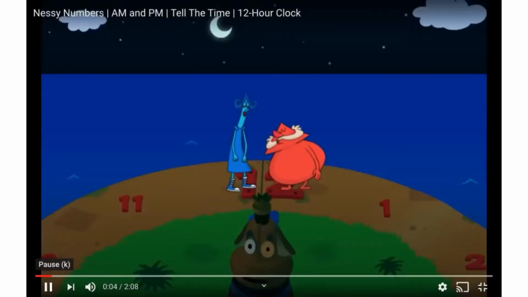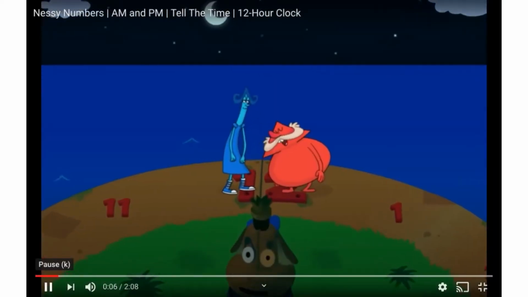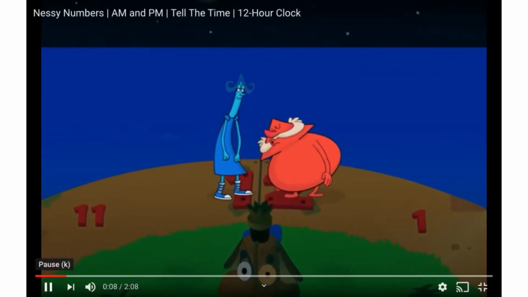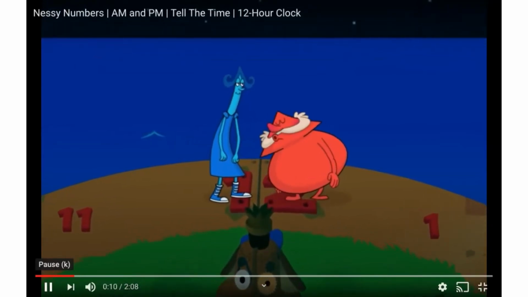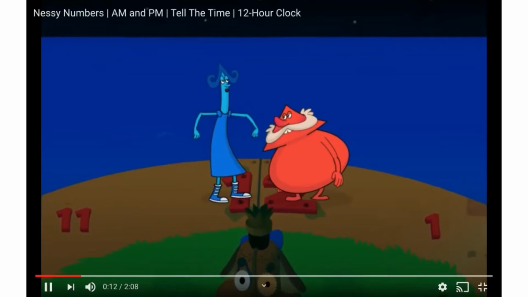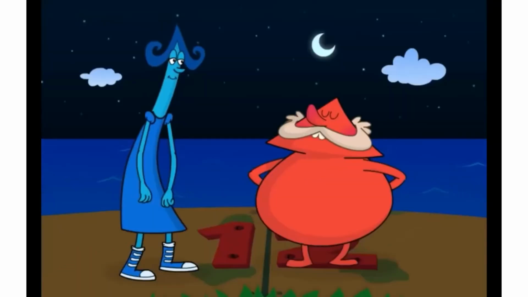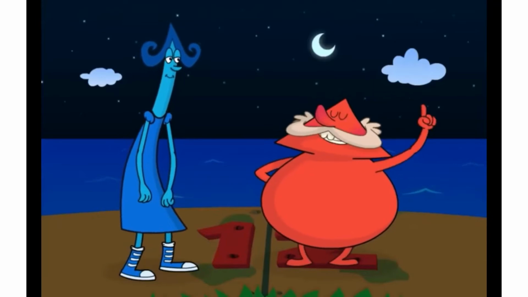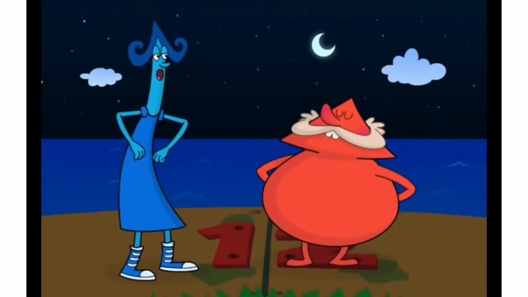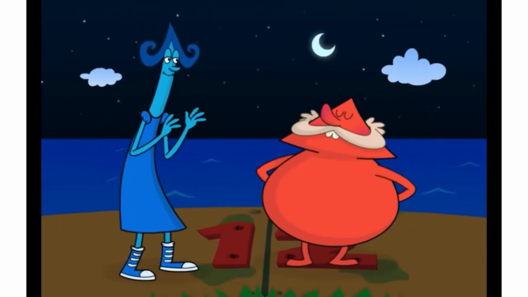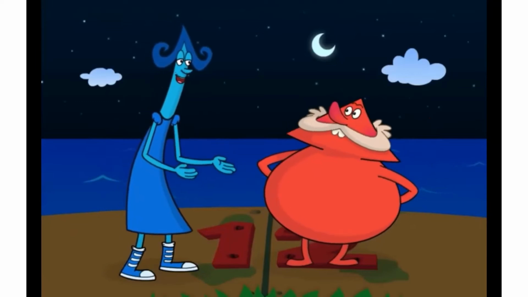Mr. Hour and Mrs. Minute start walking at 12 o'clock in the middle of the night. They call this time midnight. Let's make a start, Mrs. Minute. But it's the middle of the night, Mr. Hour.